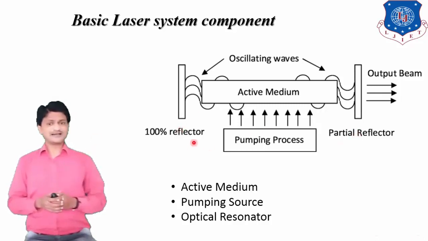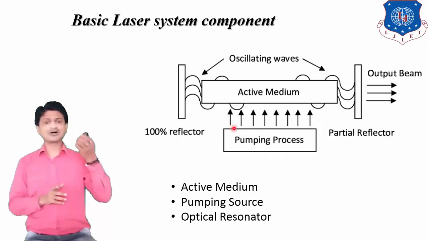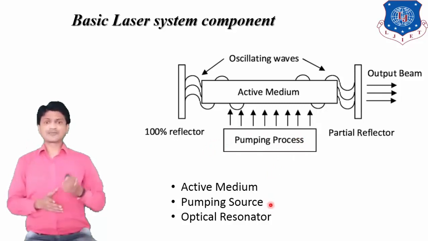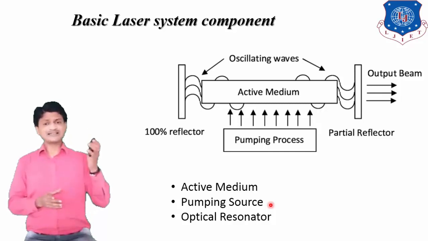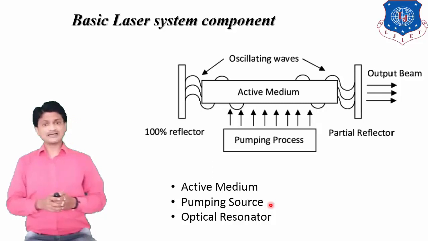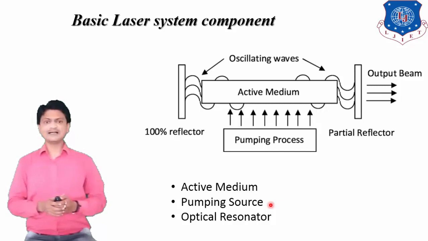We know that pumping is a mechanism by which we can achieve a higher number of atoms in excited state. The type of pumping source depends on the type of pumping used for that process. And there is an active medium in which this process occurs. So these are the basic components of a laser system.